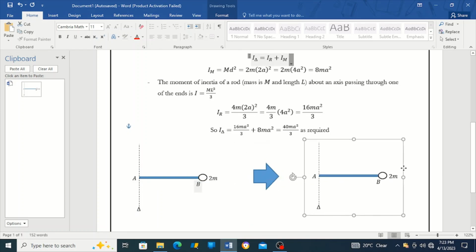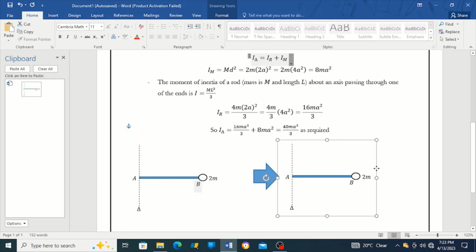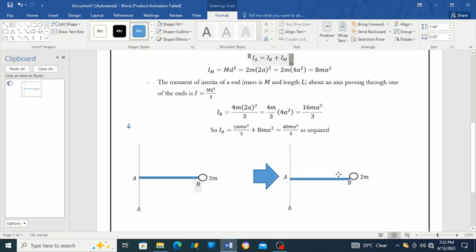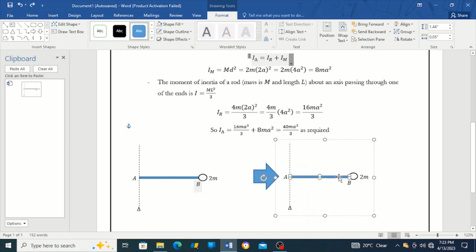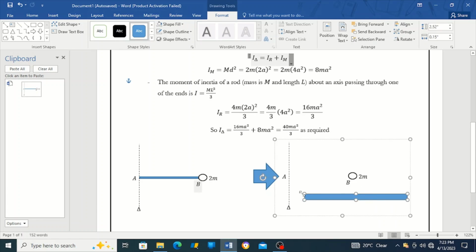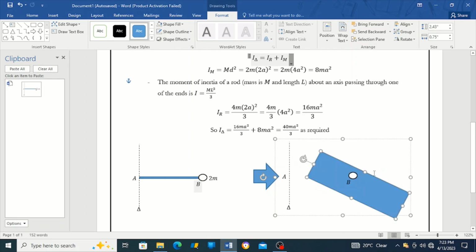So we are not going to have something like this. This time around, the rod is going to move from this position, sorry, I want to slant it, to this other position.